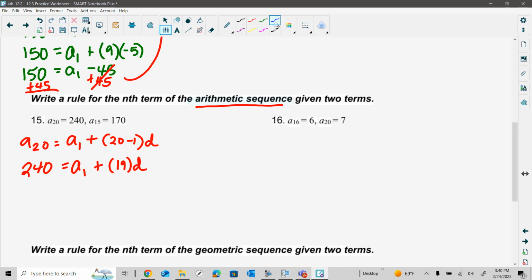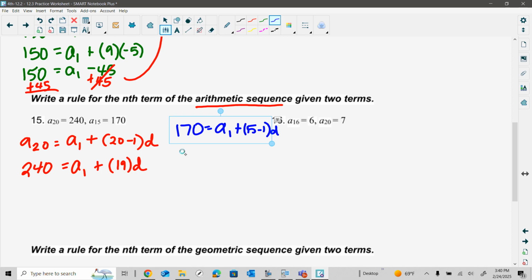I'm going to do the same thing. I'm going to come up with two equations, and I'm going to solve by elimination. So if I do a sub 15, same thing, instead of doing a sub 15, I'm just saying my 170 equals a sub 1 plus 15 minus 1, that's 15 minus 1 times d.